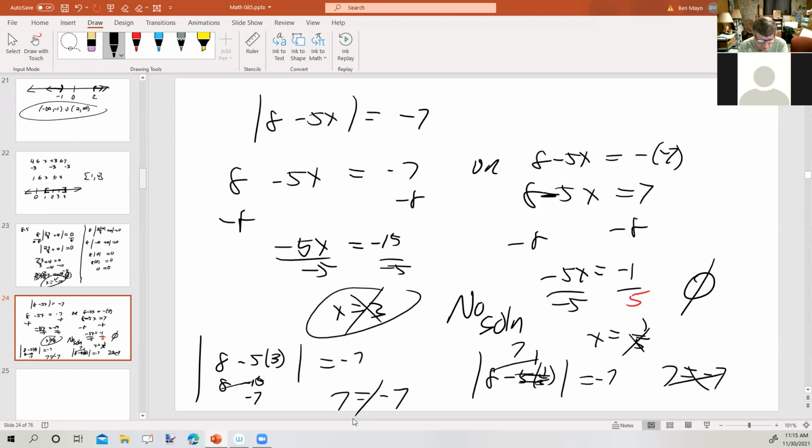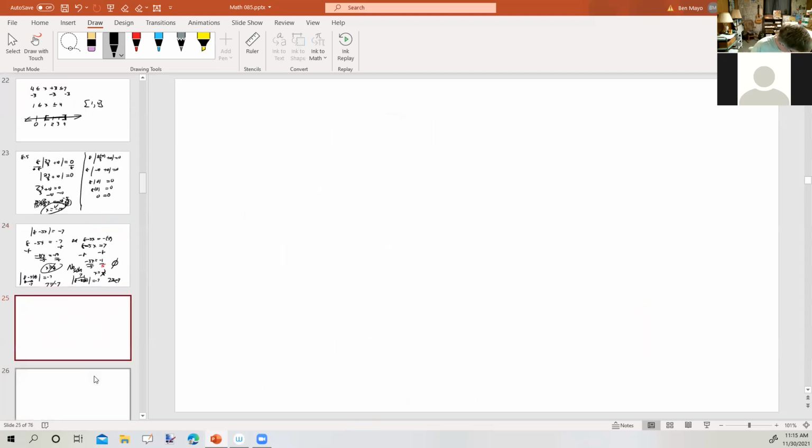They're referred to as extraneous solutions. If you've got an absolute value equal to 0, you're going to have one equation which will produce one potential solution. If you have an absolute value set equal to a positive number, let's take a look at one of those. How about this?